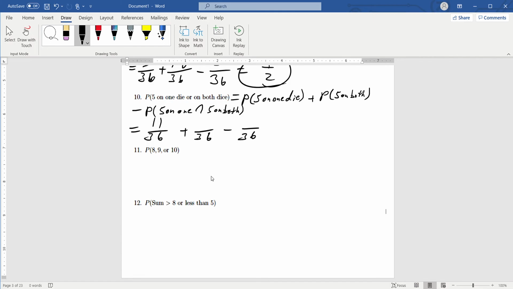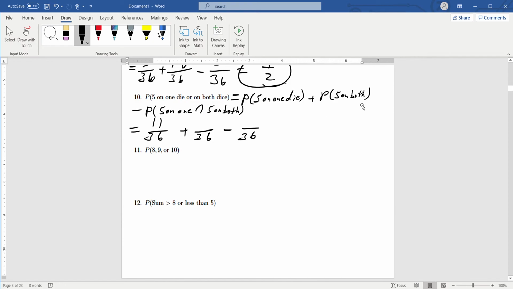Now I did count 11 because 1, 2, 3, 4, 5, 6, 7, skip 8, 9, 10, 11. Why did I skip it? Because I already wrote that one down. I already have 5, 5. But 5, 4, 4, 5, those are different. 5 on the first, 4 on the first. They're not the exact same. Going this way, 5 on the first, 5 on the second. Going this way, 5 on the first, 5 on the second. That's the exact same.